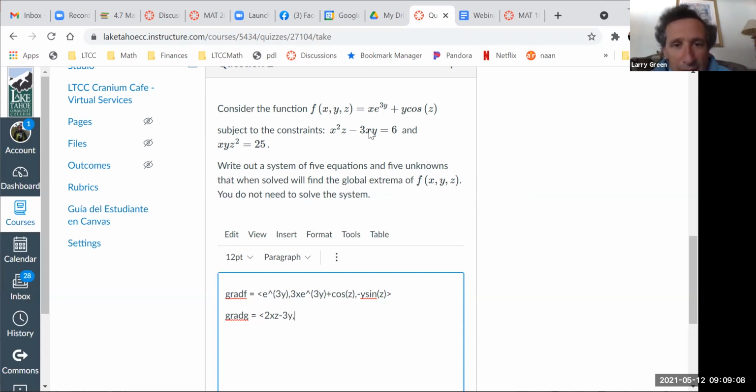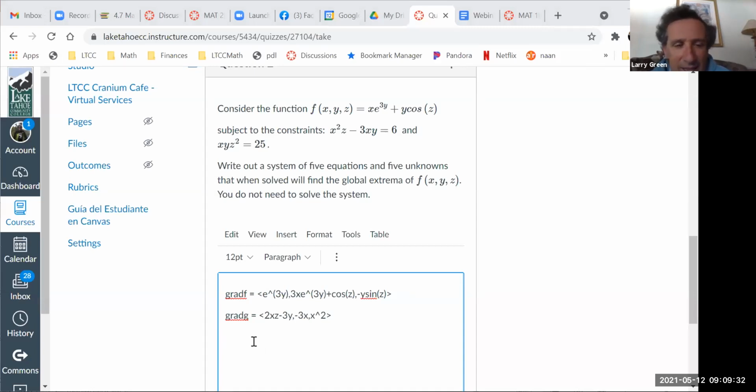Derivative with respect to y will be negative 3x. Derivative with respect to z will be x squared. Please stop me if any of these derivatives or what I'm doing you don't understand, because I'm just assuming you get it. I can't see your faces, so I have no idea.